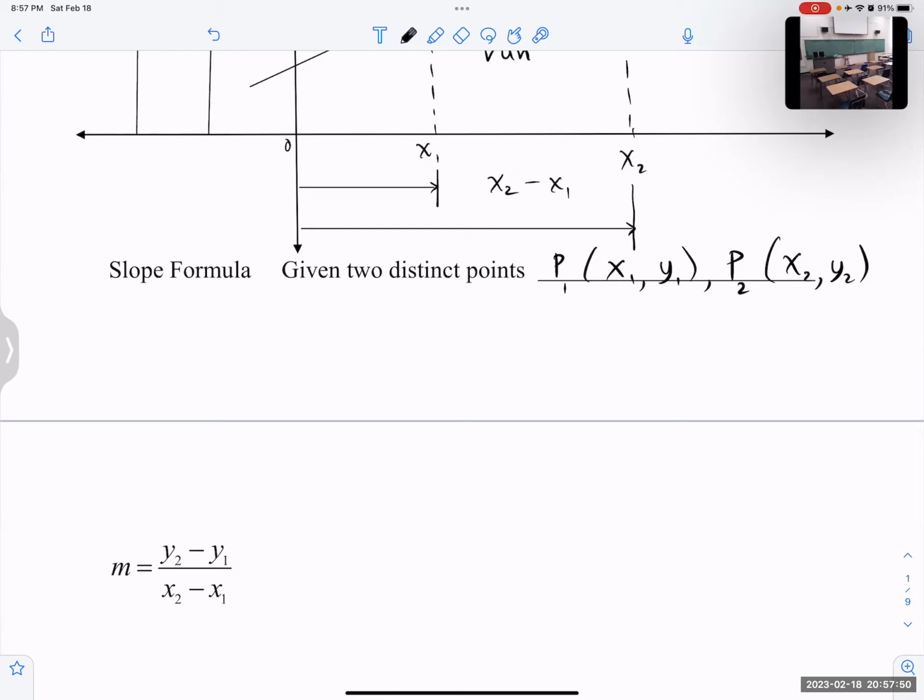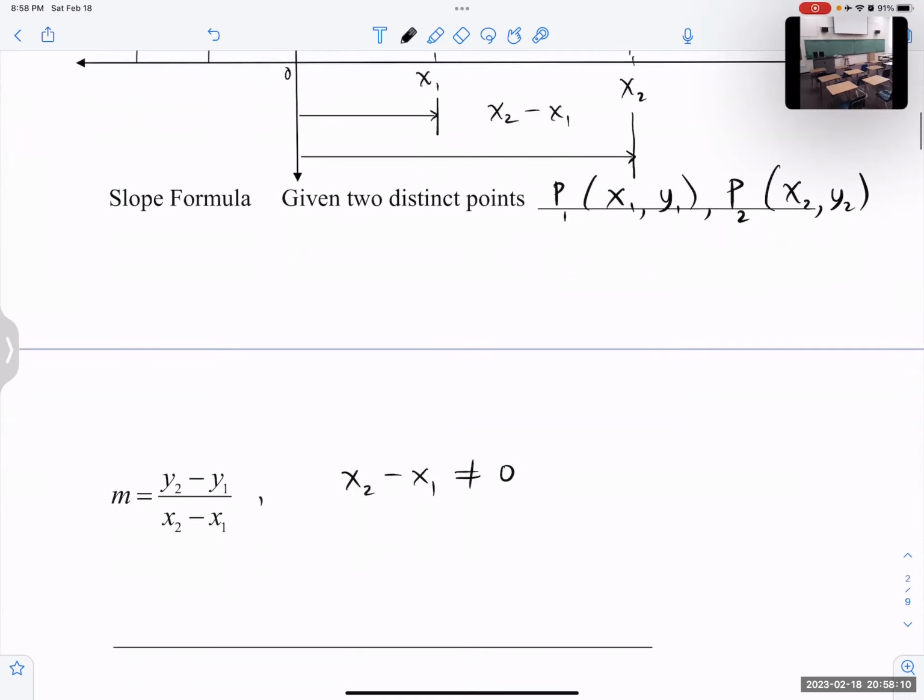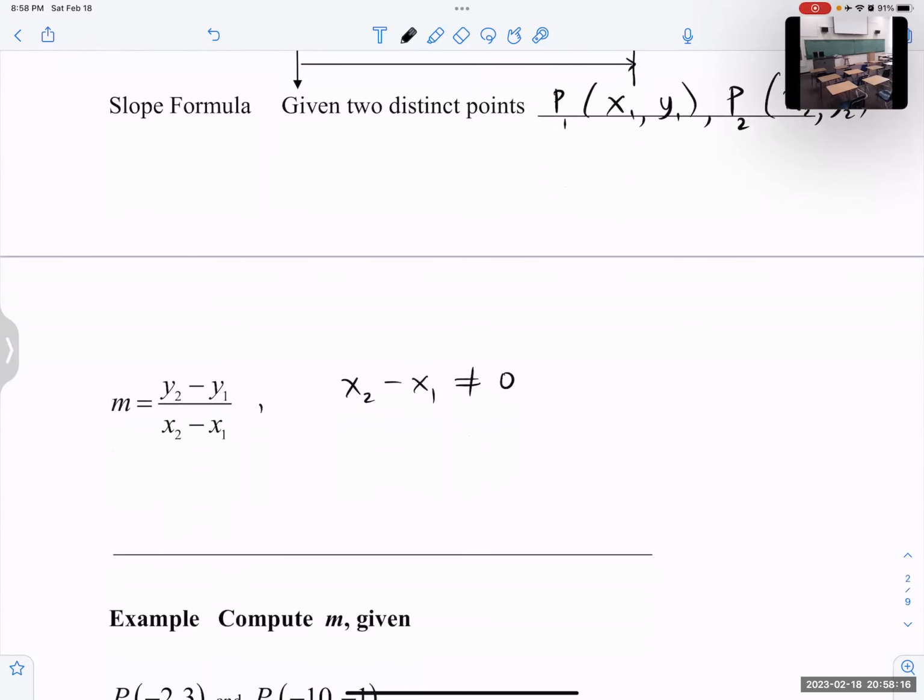And since division by 0 is undefined, we have a technicality that the denominator x2 minus x1 cannot be equal to 0, which occurs when you have a vertical line, then the x coordinates are the same, and when you subtract the x coordinates, you're going to get 0, and division by 0 is undefined, and that's why the slope is undefined for the vertical line.